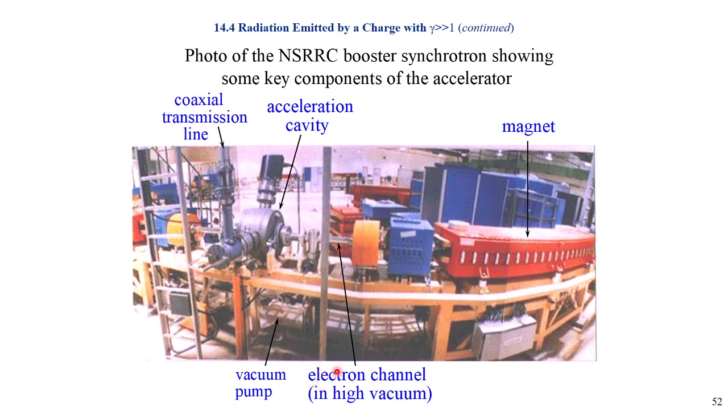That's for the electron beam tunnel in high vacuum. And we have a dipole magnet, quadrupole magnet, octupole magnet, something like that, to accelerate the particle, decelerate the particle, and extract the energy.